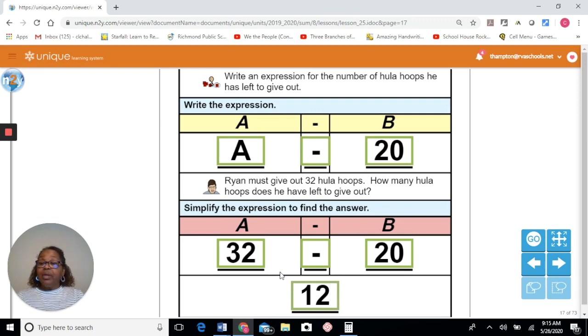The answer was 12. I'm telling you, we've done a lot today. We have used expressions, and we have solved the expressions. The operation for this one was subtraction, but we also used addition to solve an expression. So we've done a lot today, and you've done a great job.